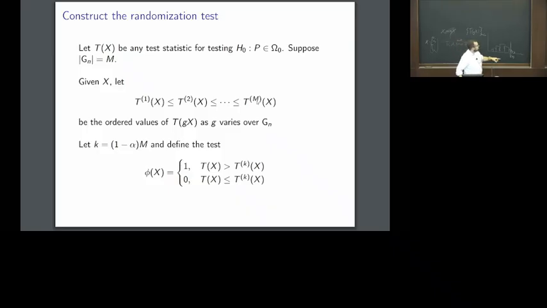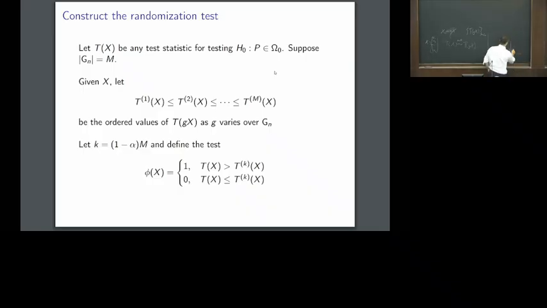Building it formally, we pick all of our test statistics evaluated on permutations of the data. We get the order statistics, so we order them from T1, T2, all the way to Tm, m being the cardinality of the set of group actions. Then we pick the 1 minus alpha quantile of this empirical distribution. To make life easy, let's suppose (1 minus alpha) times m is an integer. Then the 1 minus alpha quantile of this empirical distribution is just the kth order statistic.